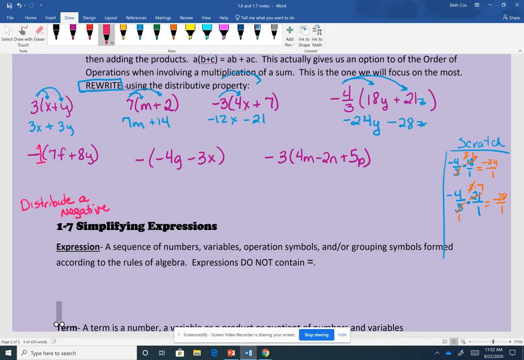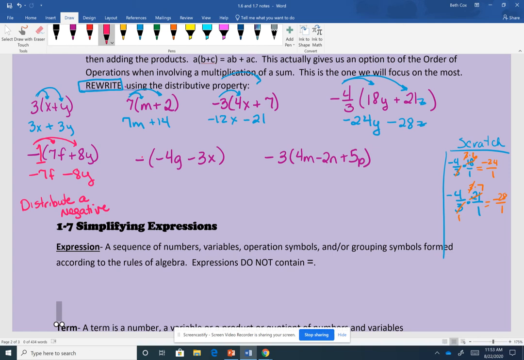Put a 1 on there and then do the multiplication. So that's going to give you a -7f, because -1 times +7 is -7. And that'll give me a -8y, because a -1 times a positive 8 is a negative 8.